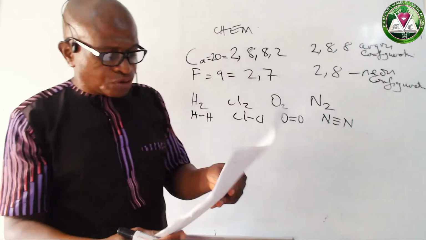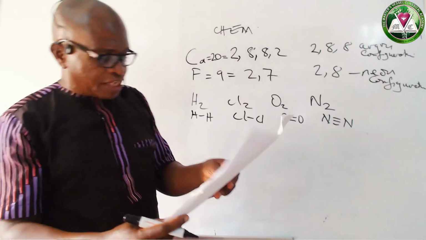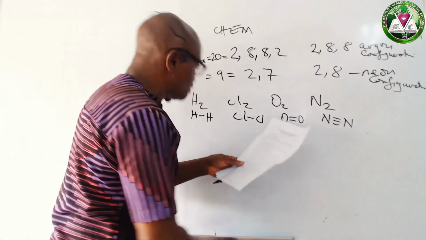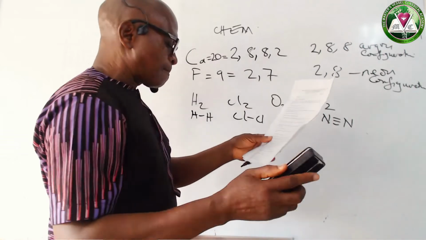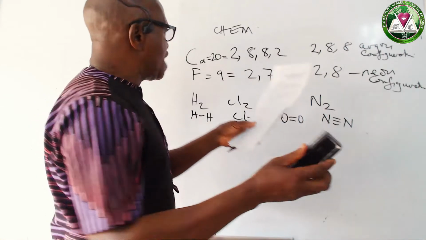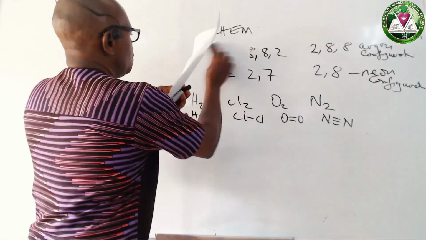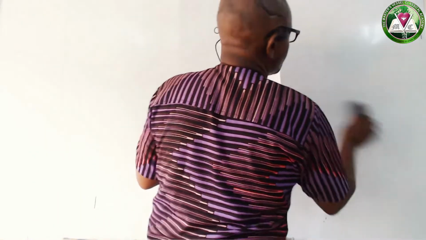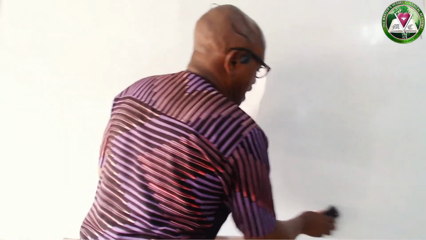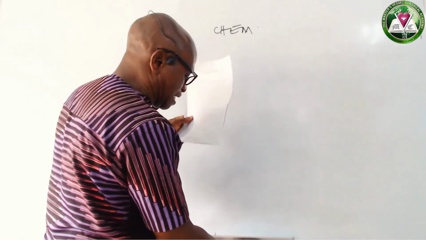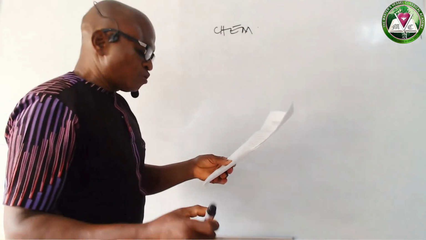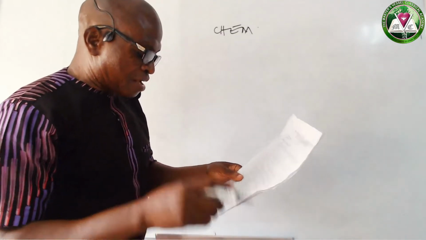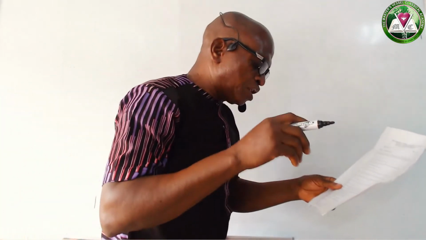We'll go to the next question, number 18. Number 18 says, which of the following molecules is non-linear? I'm answering this question in such a way that it's not just getting the answer, but knowing how you got the answer. And it will help you even to know the other things here.